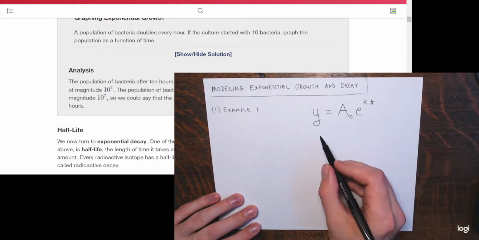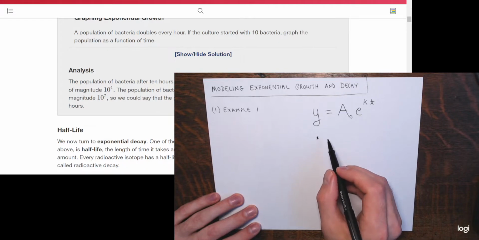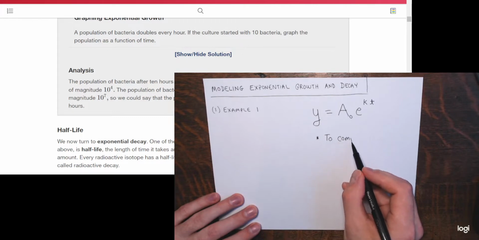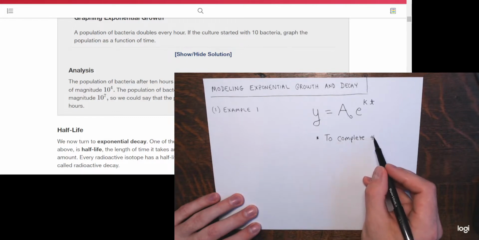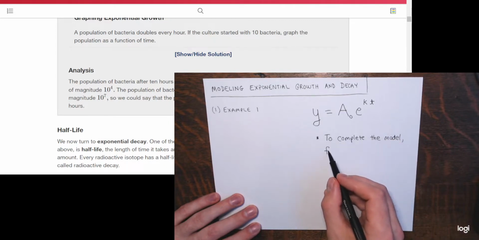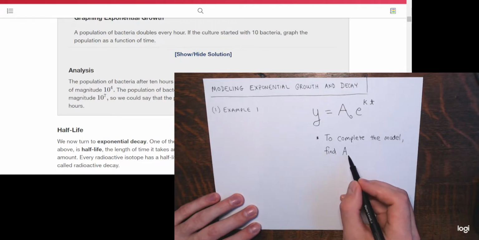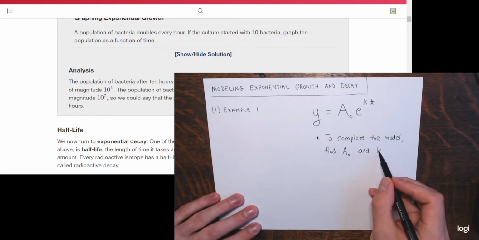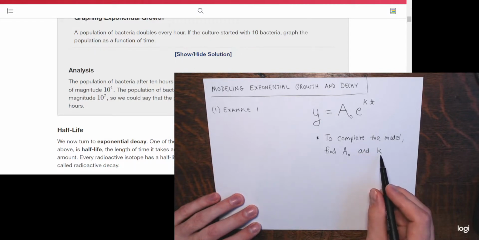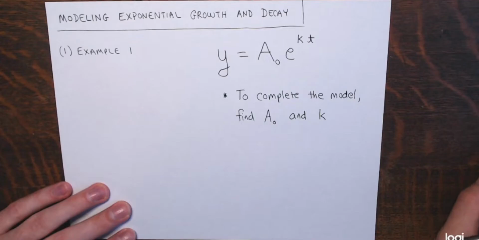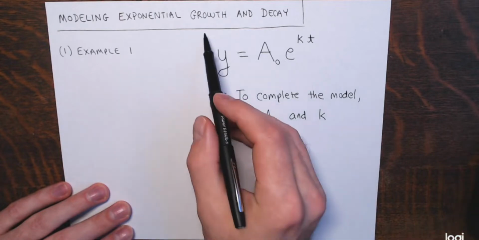To complete the model and be able to answer any question, you just need to find a sub 0, the initial amount at time 0, and k, which is called the growth rate or decay rate, if it's positive or negative.